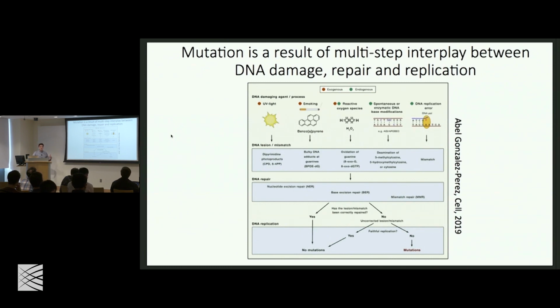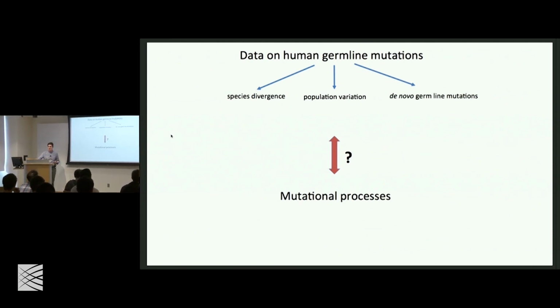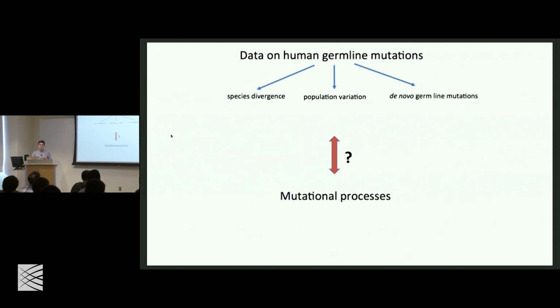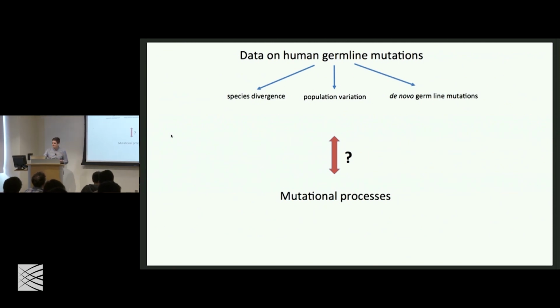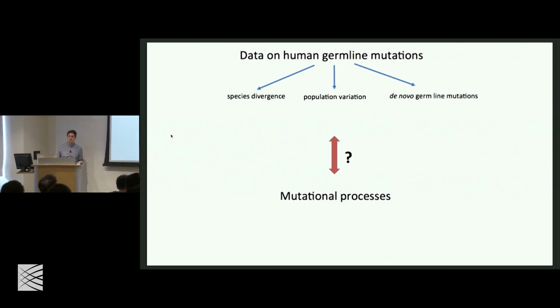Dozens of years of biochemical studies, mostly in model organisms, have characterized the properties of many biochemical pathways that generate mutations. However, despite all these efforts, we surprisingly know little about the mutational mechanisms that are actually active in germline cells. But now we have a lot of sequencing data on germline mutation.